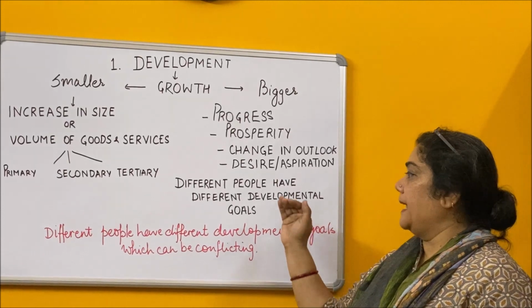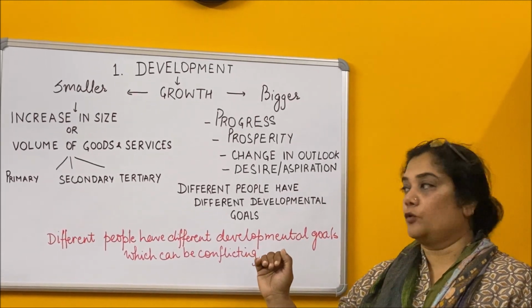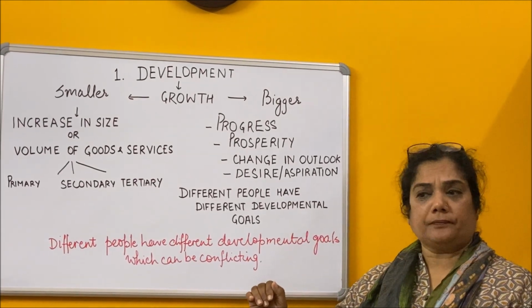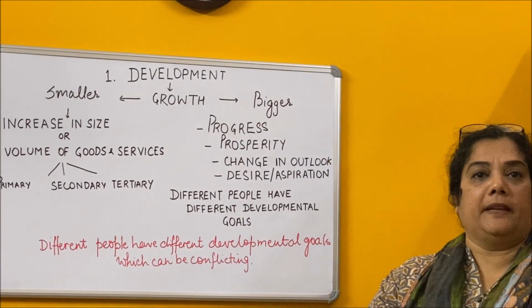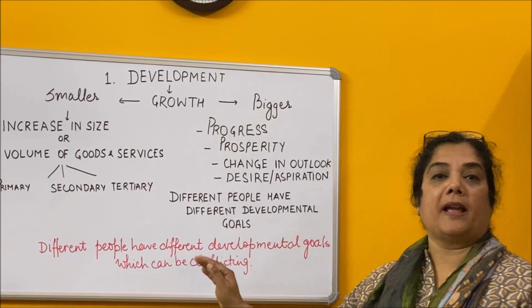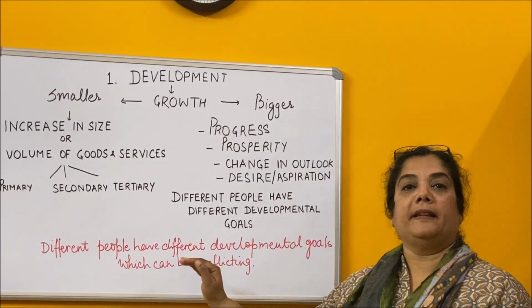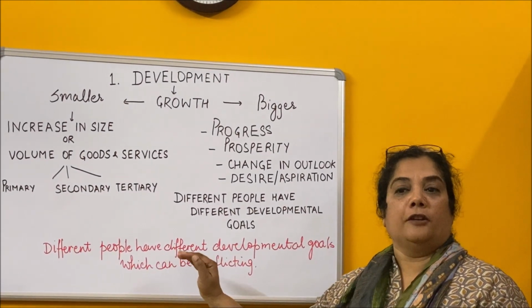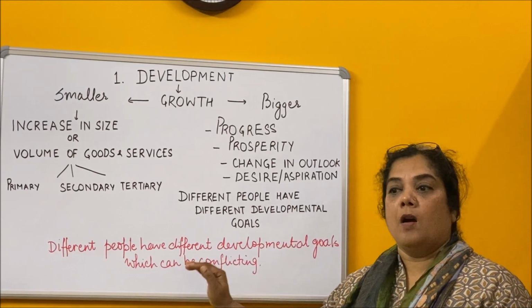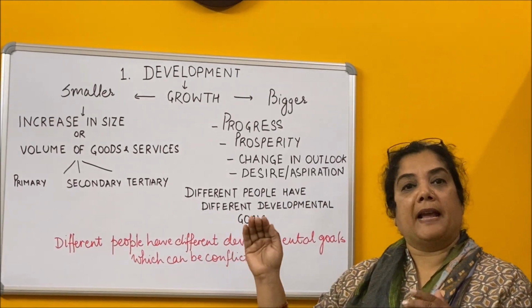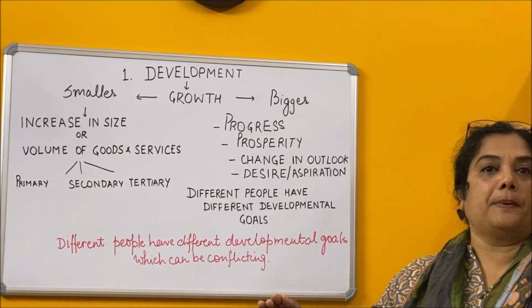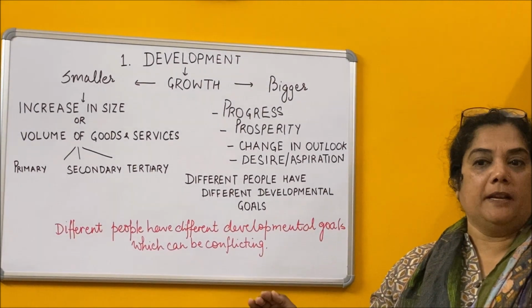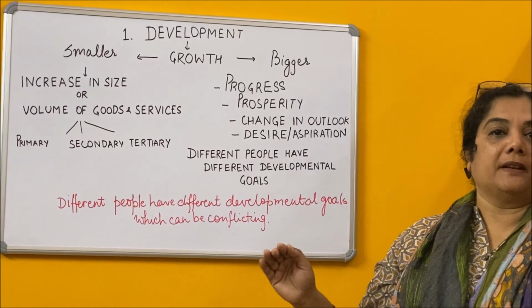Now when we come to the next thing, the last example I took was the Adivasi. The developmental goal for the Adivasi is that he requires a place to settle and he requires enough money to earn his living. On the other hand, the dam that has been constructed by the industrialists, the purpose is progress, prosperity, so that power can be generated.